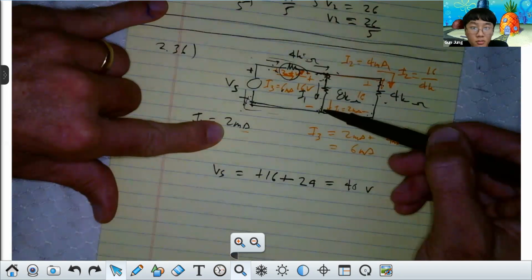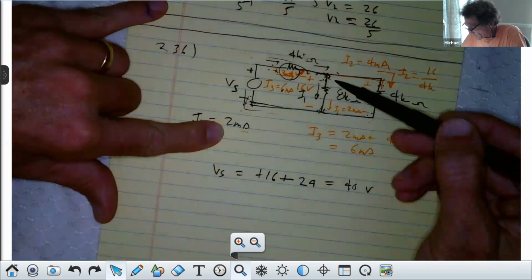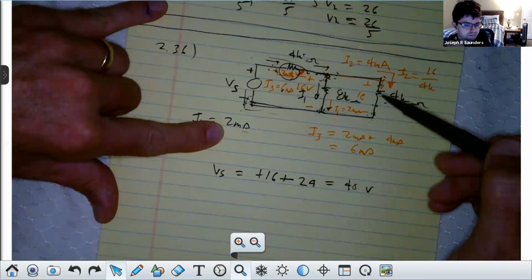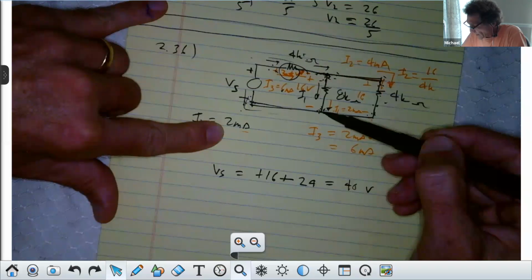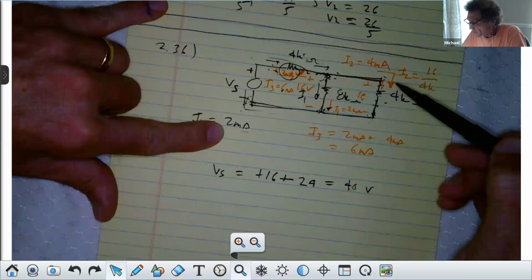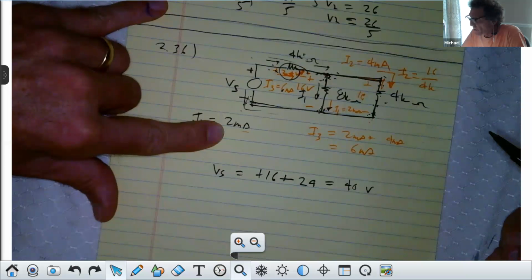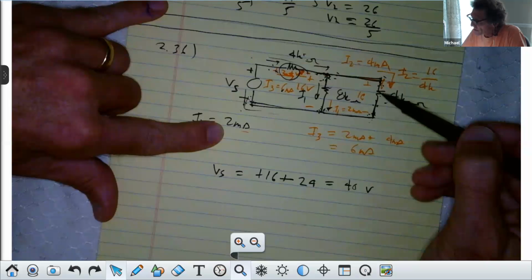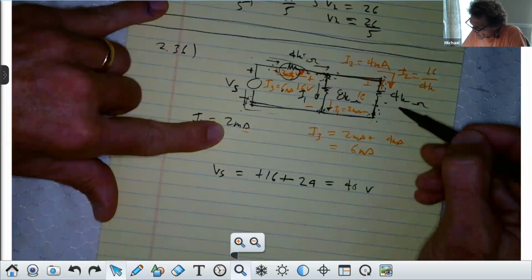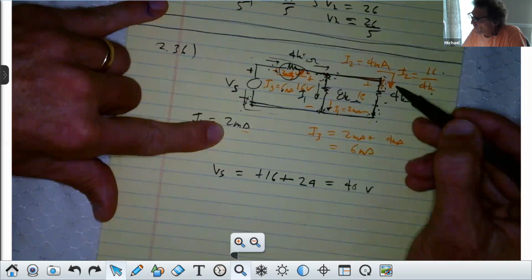We know 8K times 2 milliamps would be 16 volts across here, correct? And that has to be across this 4K because these are nothing but wires that have no ability to resist current. So that potential is across the 4K as well. Do you all agree with that? And therefore, if that potential 16 volts is across 4K, we know the current through here would be 16 over 4K, or 4 milliamps, wouldn't it?